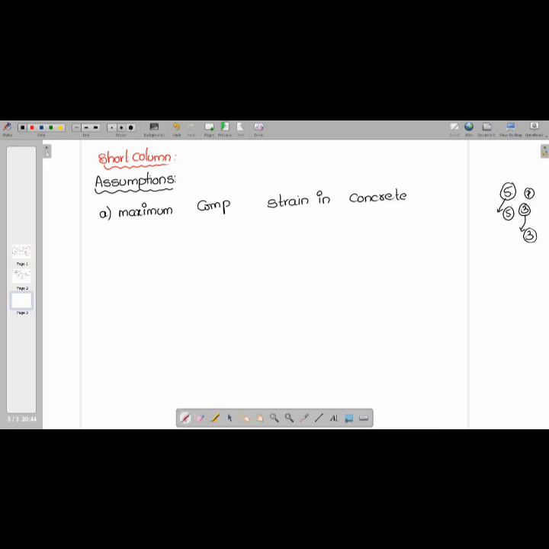Can anyone tell me what is the maximum compressive strain in concrete in case of axial compression, my dear students?